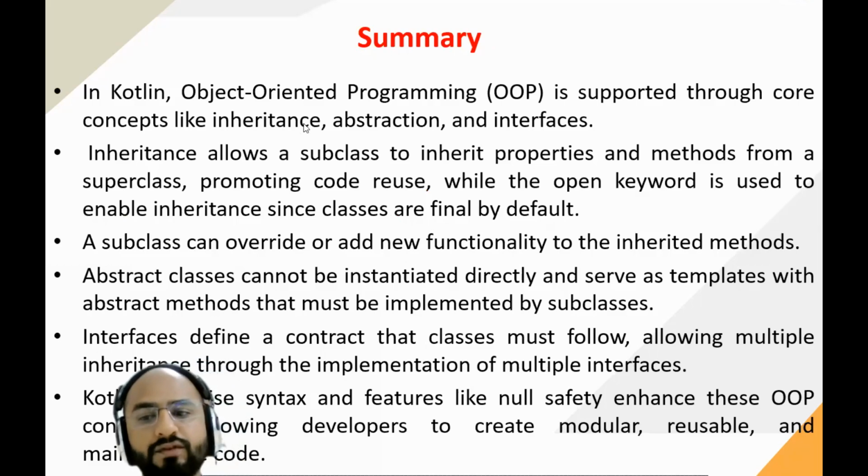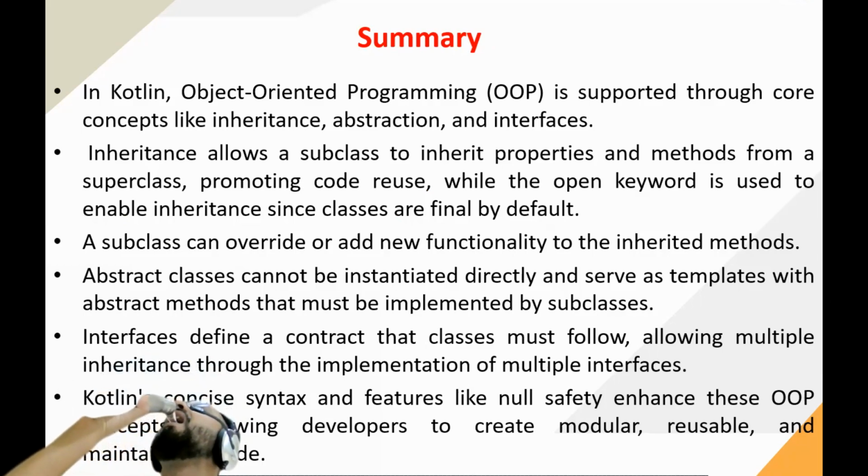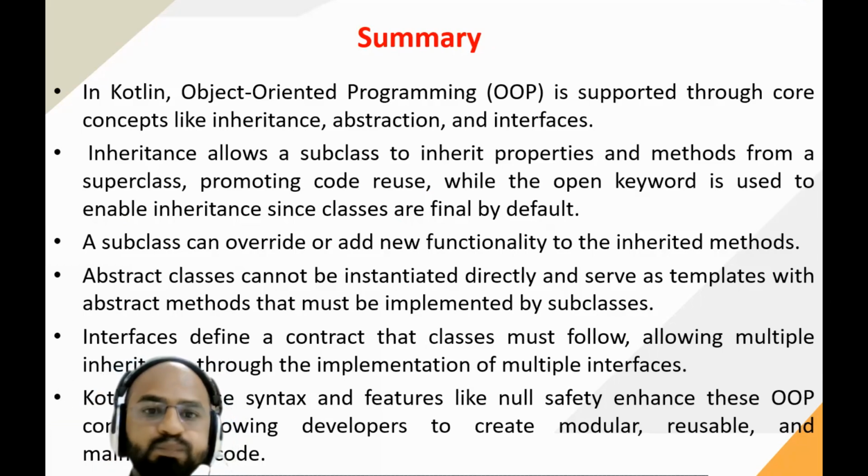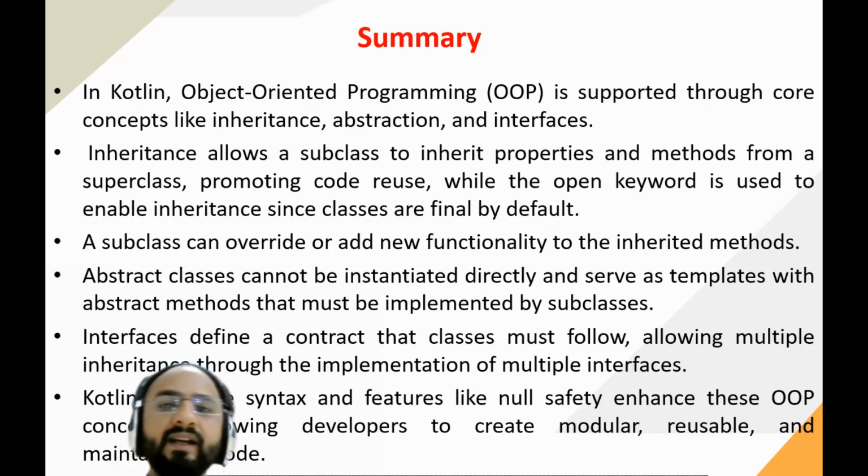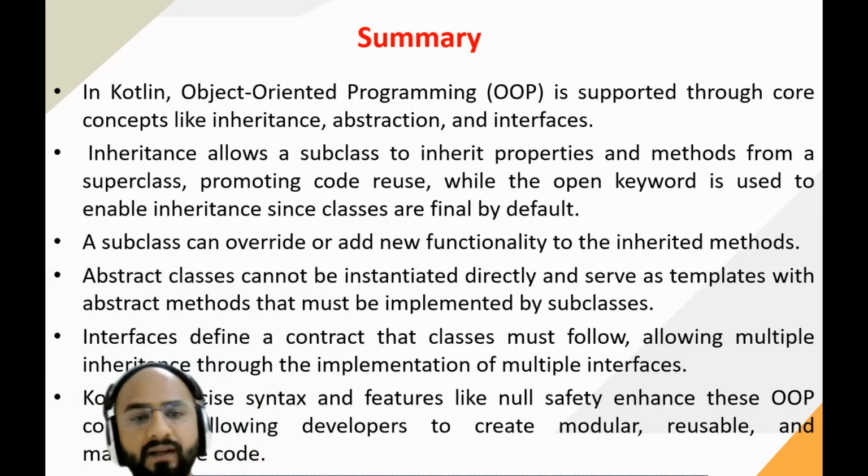Let's have some summary. In Kotlin, OOP is supported through core concepts like inheritance, abstraction, and interface. Inheritance allows a subclass to inherit properties and methods from a superclass, promoting code reuse, while the open keyword is used to enable inheritance since a class is final by default in Kotlin.